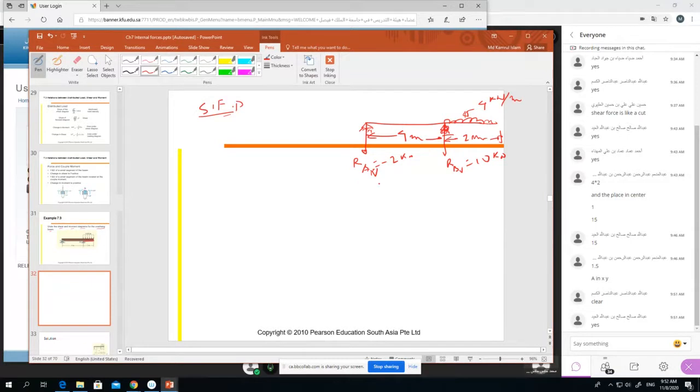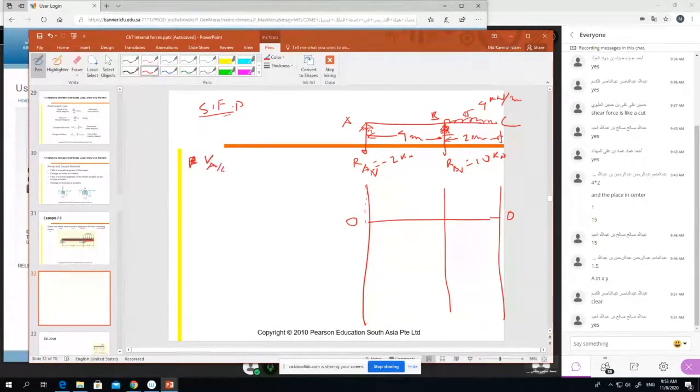In order to draw the shear diagram, we draw a reference line like this, and here is 0, 0. Now, as we learned last class, we start with 0. Suppose we have points A, B, and C. Just at the left side of A, we have shear force equal to 0.